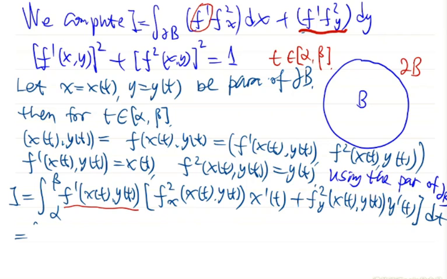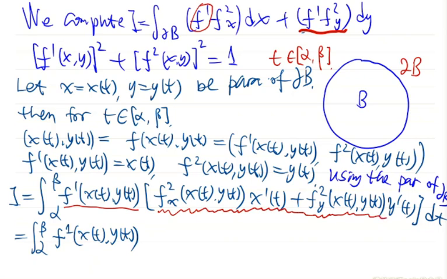This is precisely the integral from alpha to beta of f1(x(t), y(t)) times the expression in the bracket, which is the derivative of f2(x(t), y(t)) with respect to t.